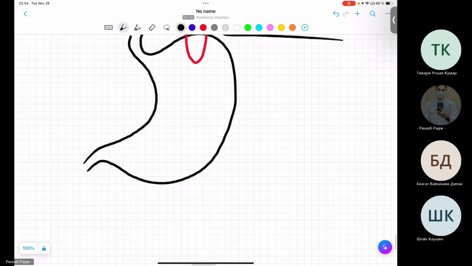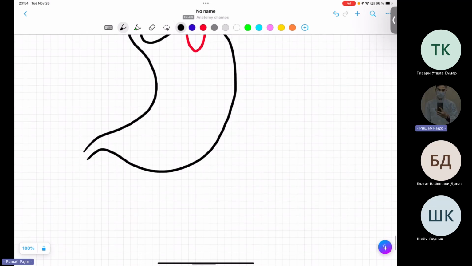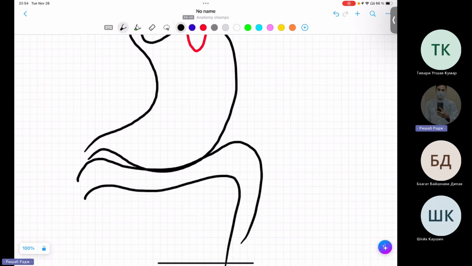Besides, what else will be here? Let me just draw everything. In the posterior part, you will have your colon. In this part, you will also have your pancreas. Pancreas is retroperitoneal and it is also present posterior to your stomach.